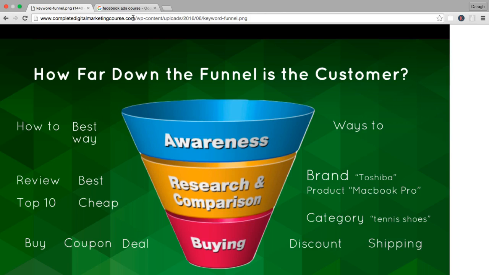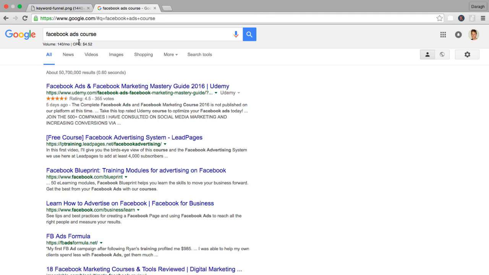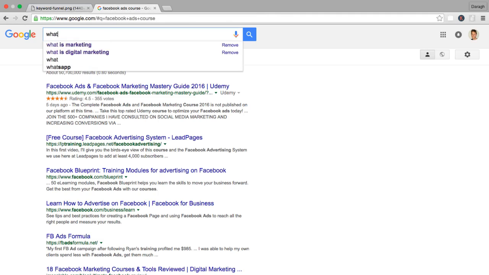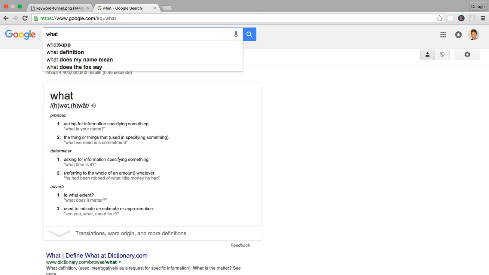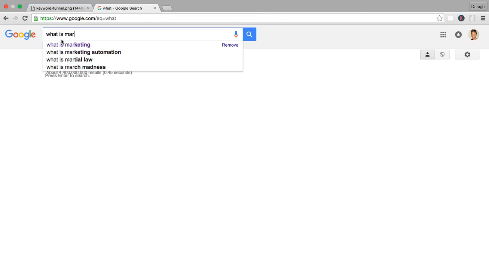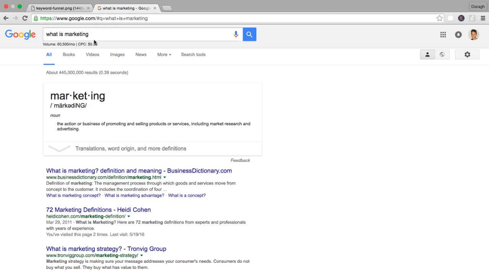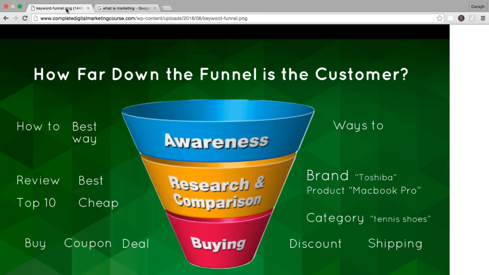Essentially what I'm saying is that visitors who search for something like what is marketing are just going to be much higher up the search funnel. It's not that they aren't valuable in any way, but just be aware that if you're going after a search term as broad as that, remember that they're right up at the top of the funnel.